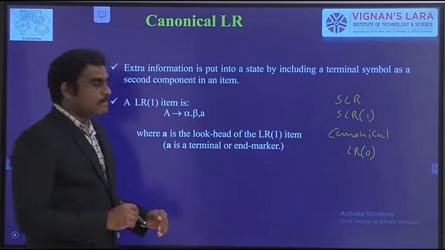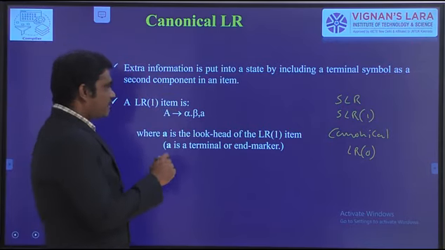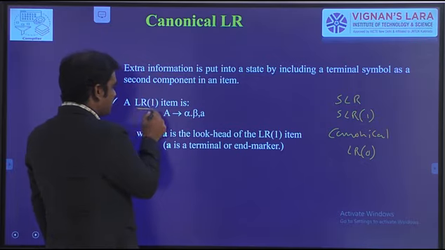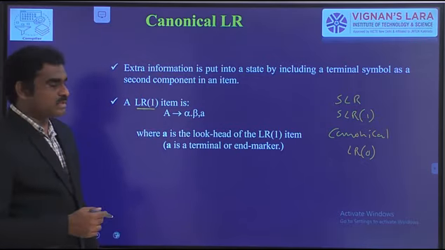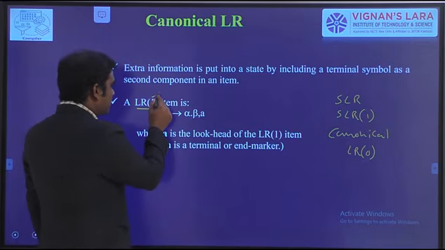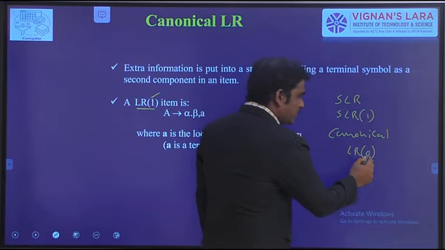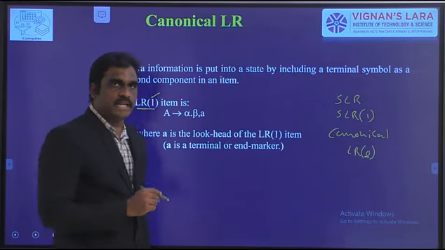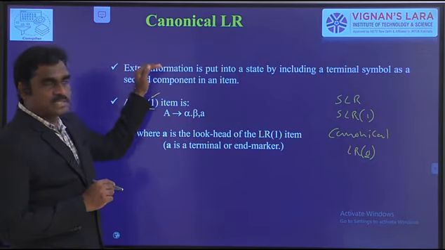Whereas in CLR, construct CLR or construct LR of 1 items, canonical LR of 1 items. So here the lookahead symbol is 1, whereas there the lookahead symbol is 0. So 0 means we have to construct SLR, whereas lookahead symbol 1 means we have to construct CLR.